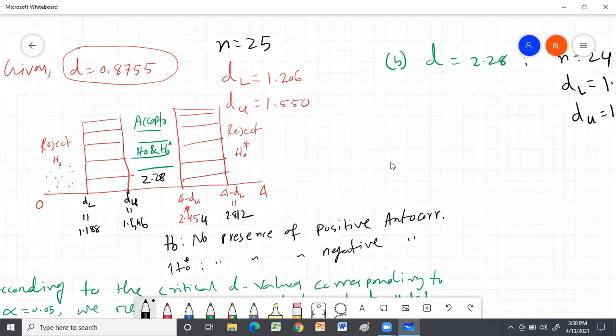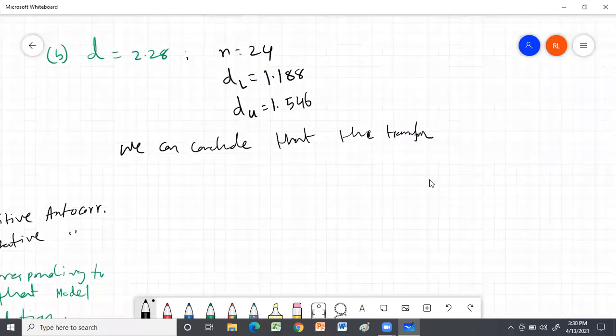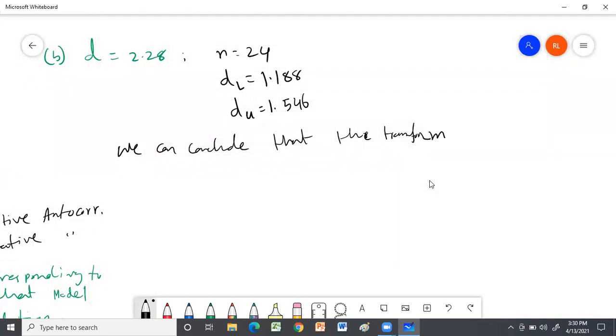So in number B, after making the comparison between the calculated D statistic and critical D values, we can conclude, write this down, that the transformed model does not suffer from autocorrelation problem.